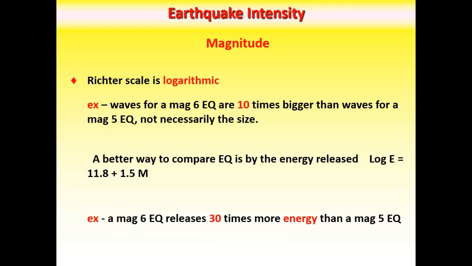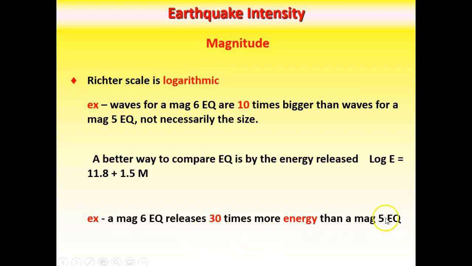So from any whole number, whether it's from a 5 to a 6 or a 7 to an 8, there's 30 times more energy released. As we move up the Richter scale or the moment magnitude scale, we can see that there's a huge change in energy. Imagine that you experienced a magnitude 5 earthquake, and then someone else experienced a magnitude 7 earthquake. So this is 2 whole numbers up on the scale.